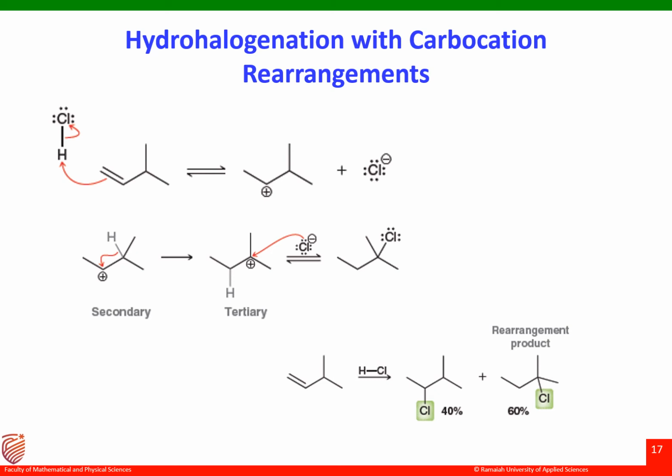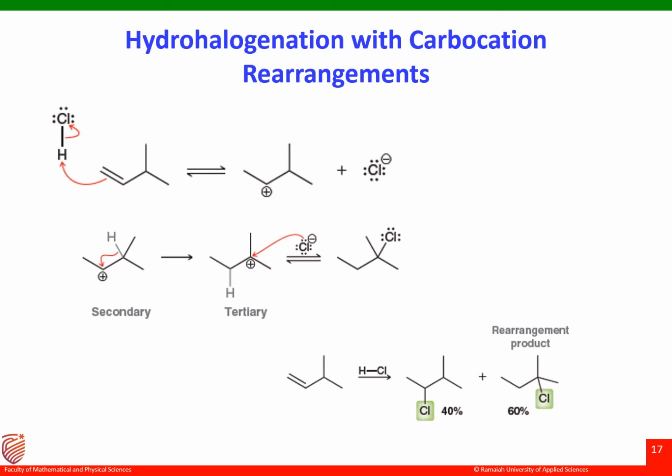Therefore, by just shifting a hydride, it can lead to the formation of a more stable tertiary carbocation. Once the more stable tertiary carbocation is formed, the nucleophile will attack and stabilize that carbocation by sharing its electrons and lead to the formation of a more stable product.